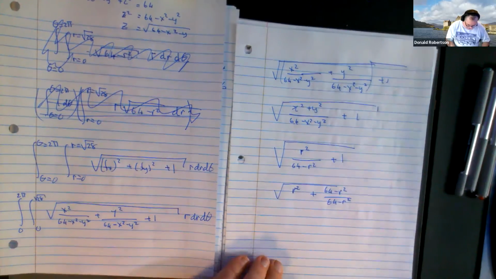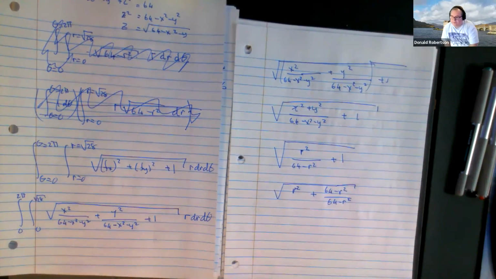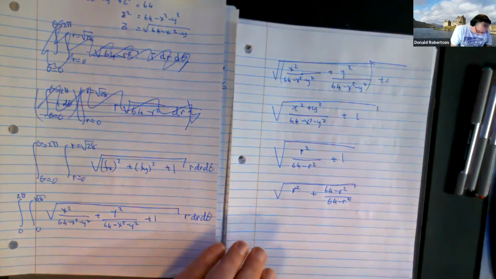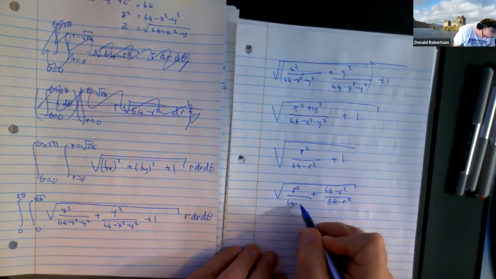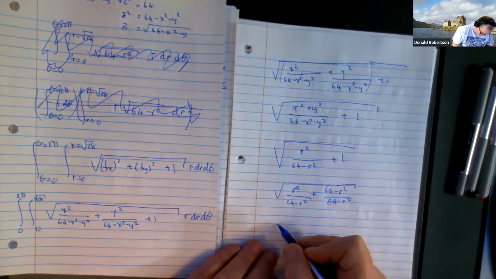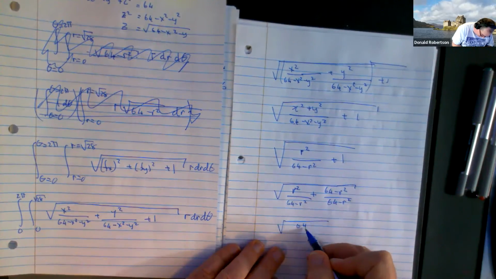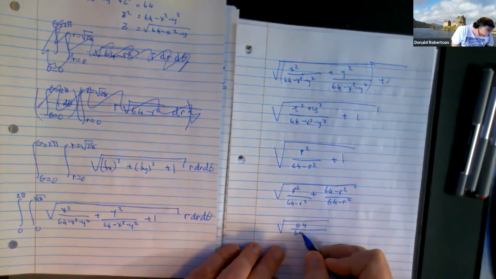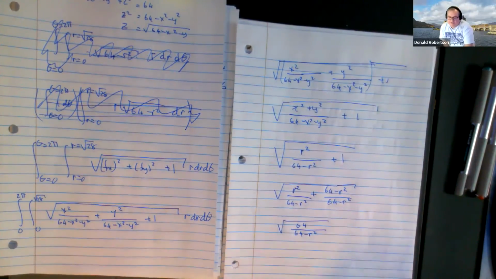Would you agree that's allowed? And that one as well. Now, if you add these two fractions together, you actually get 64 over 64 take away r squared.